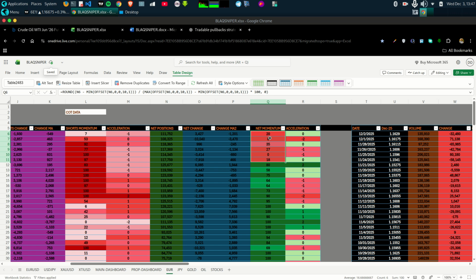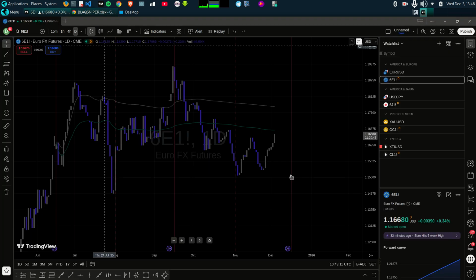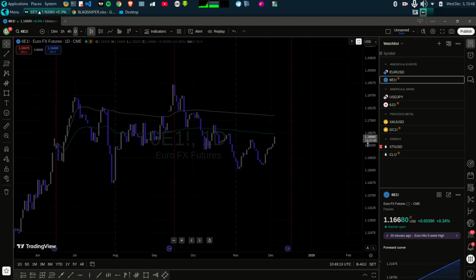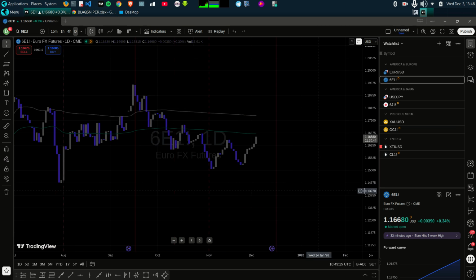So I think by the end of this month, it will be fully updated so that it can be purely predictive. But right now, it has some lagging issues. Overall, I'm still leaning bearish on Euro USD based on the data that I'm watching.